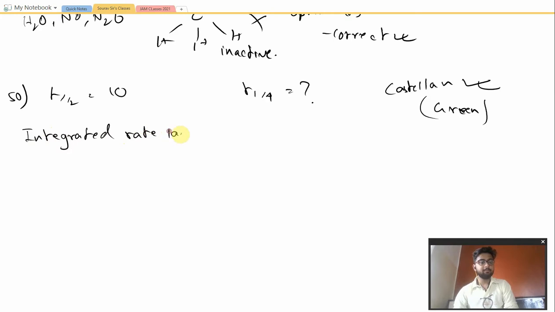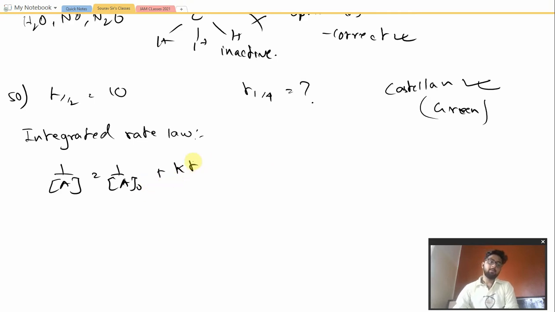The integrated rate law is given as 1 by A is equal to 1 by A naught plus KT. If we write T as T half, and let us say the initial concentration is A naught, then after T half the final concentration would be half of A naught.